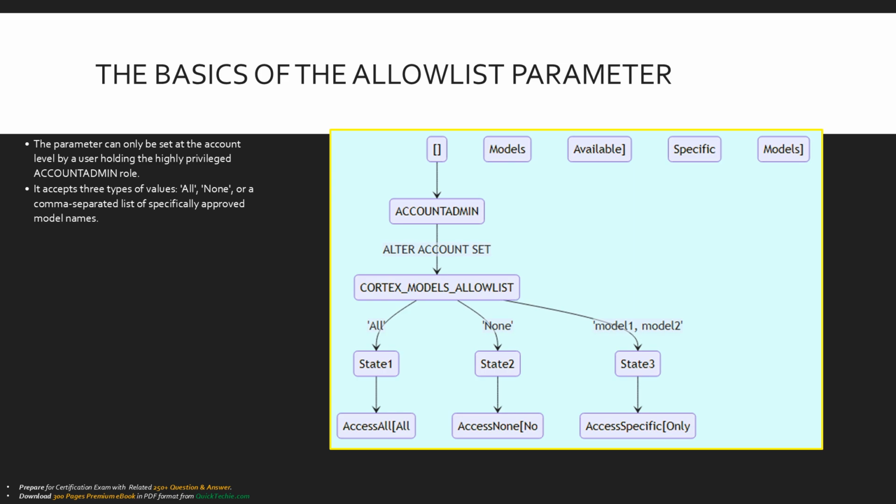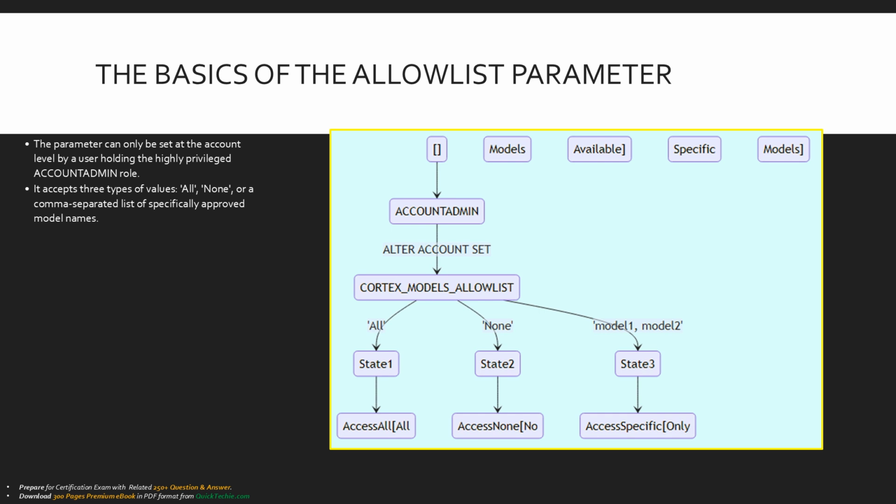When configuring this parameter, you have three distinct operational options. You can set it to all, which is the default setting, granting access to every available model. You can set it to none, which completely shuts down account-wide model access. Or, most commonly for strict enterprise governance, you can provide a comma-separated list of specific model names, such as Mistral Large 2 and Llama 3.1-70B.